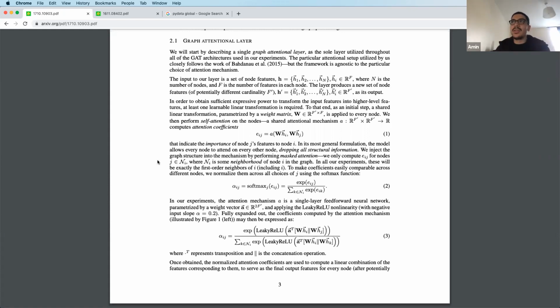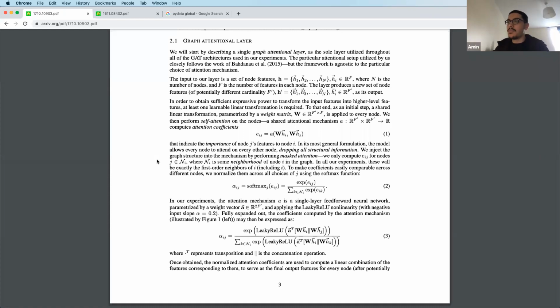Another one is we want the layer, as applied to a node, to be able to assign importances to its neighbors in a way which is not fixed beforehand, in a way which is learned.